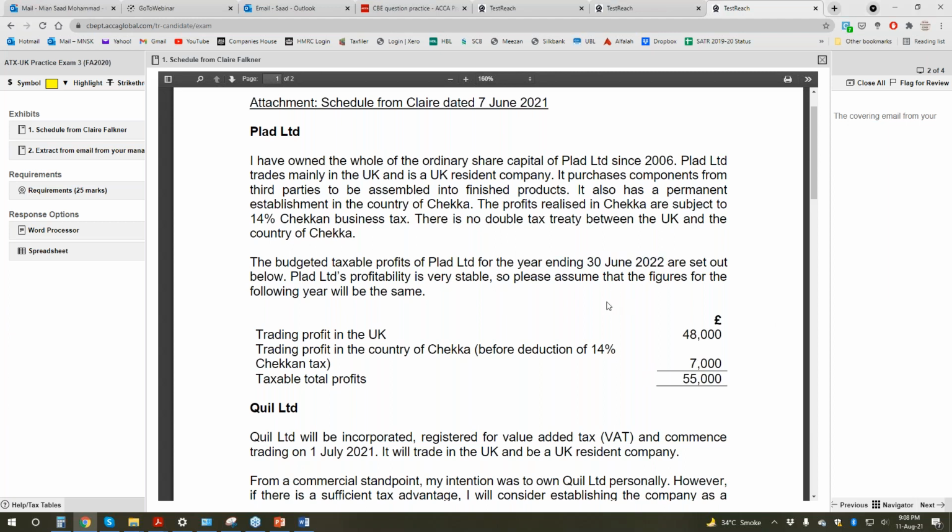As per the requirement, what I remember is I first have to calculate that Q Limited is obviously, as per the requirement, I have an idea that it will be in loss. So I have to calculate what is the amount of loss that Q can surrender to P for this year.